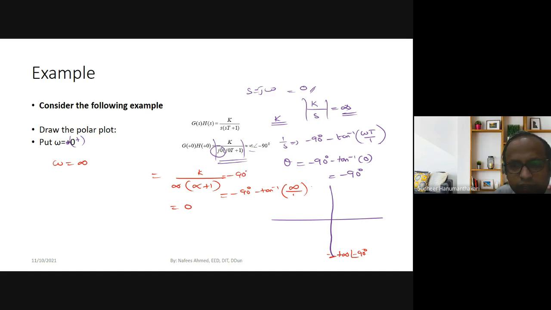So minus 90 degrees minus 90 degrees, so it is minus 180 degrees.